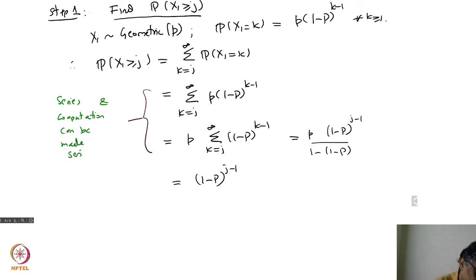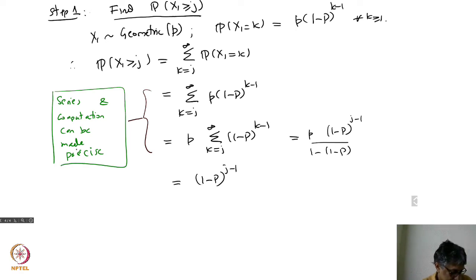I've just manipulated series in an intuitive way, but you should be able to go back and do it for every partial sum and then finish the computation. Of course, I will not do this here.